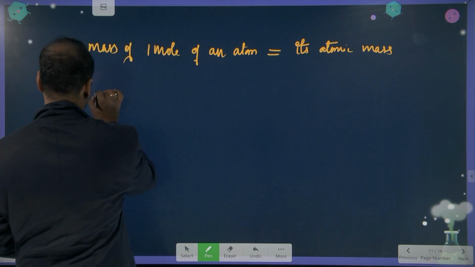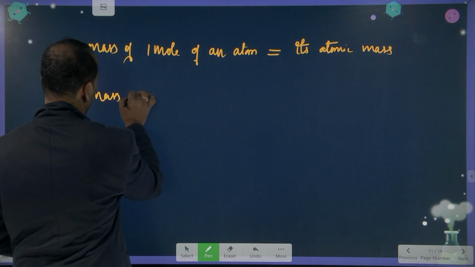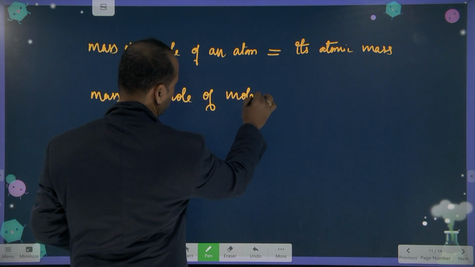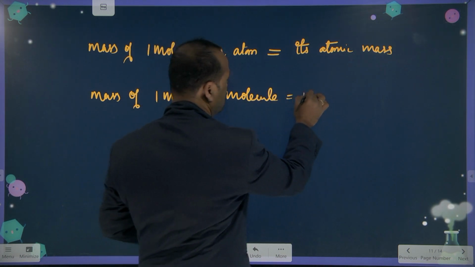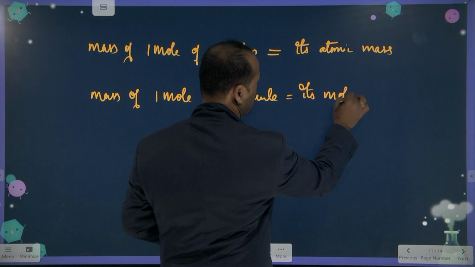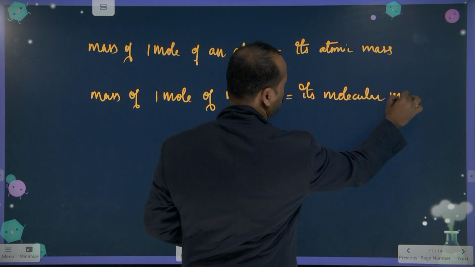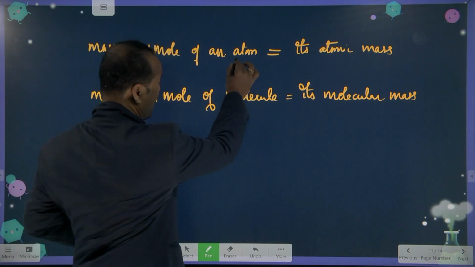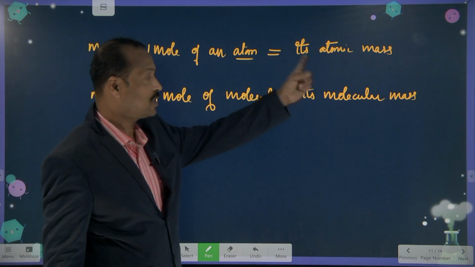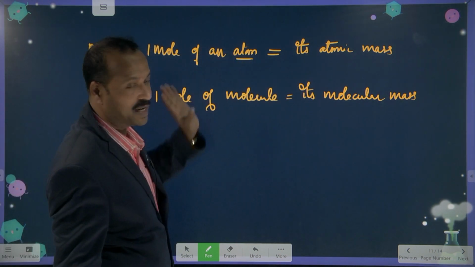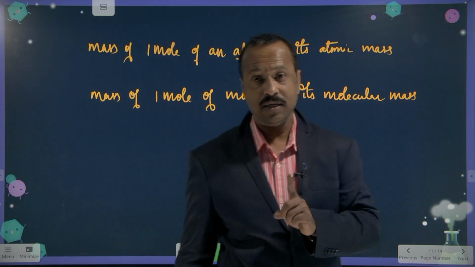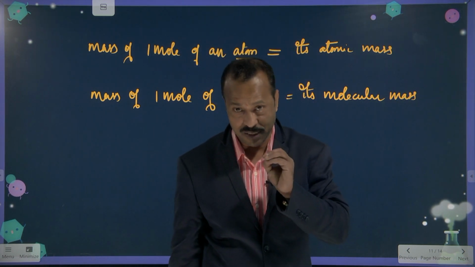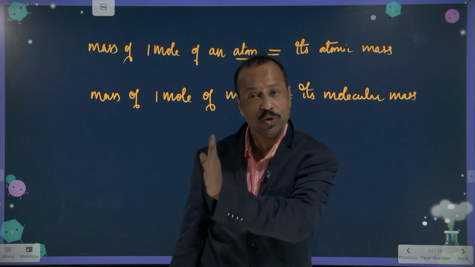Similarly, the mass of 1 mole of a molecule is its molecular mass. So the meaning is what? Here I am taking carbon atoms, whose atomic mass is 12, so it equals 12 grams. 1 mole of carbon atoms contains 6.022 × 10^23 carbon atoms, and its mass is equal to 12 grams.